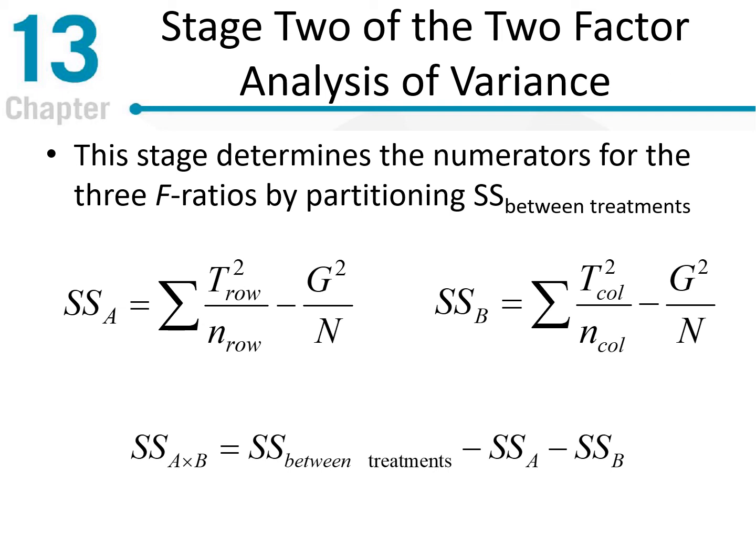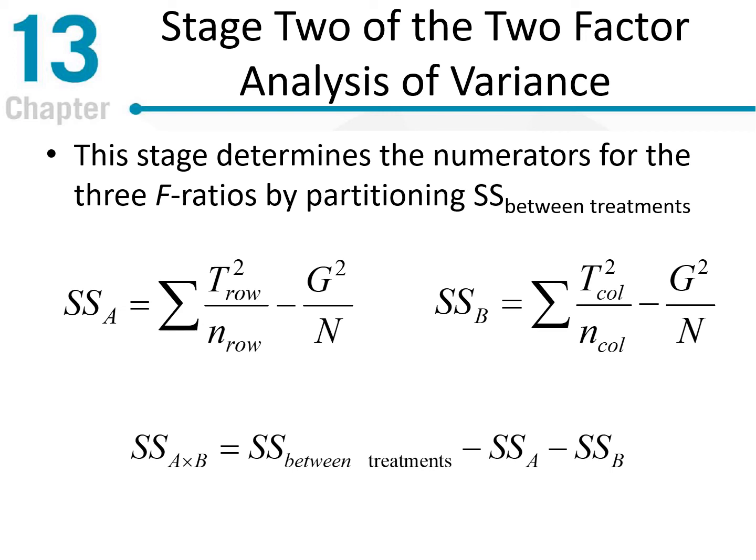Once you've done that, you can then find the interaction term by subtraction. To find the interaction term, take the sum of squares between, which is what you're partitioning now, subtract the sum of squares due to factor A, which is the formula on the left, and subtract the sum of squares due to factor B, which is the formula on the right. These are the main effects sums of squares, right?